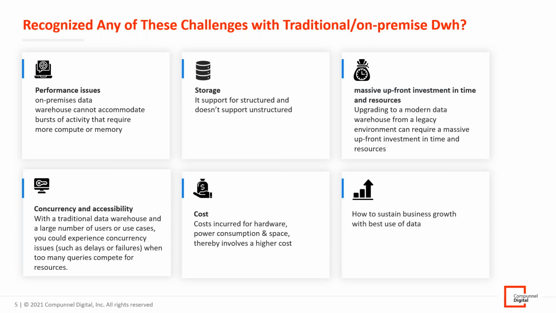The traditional data warehouse cannot accommodate bursts of activity that require more compute or memory. That means if you suddenly need more memory or compute, you cannot scale it up, so there are performance issues. And the storage supports only structured data but doesn't support unstructured data storage. This is one more major setback with traditional data warehouse systems.